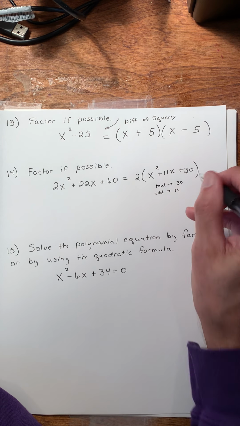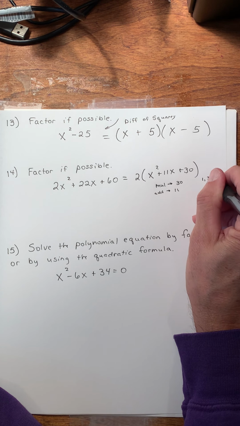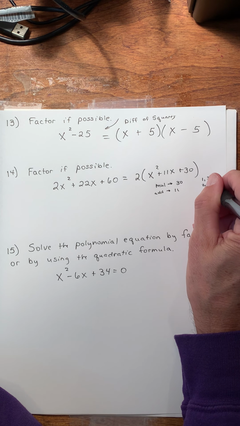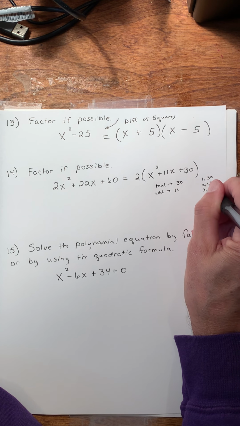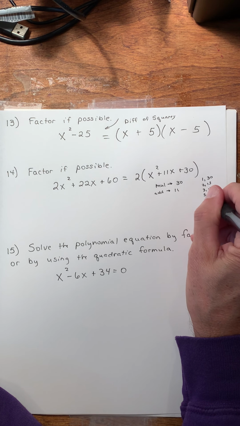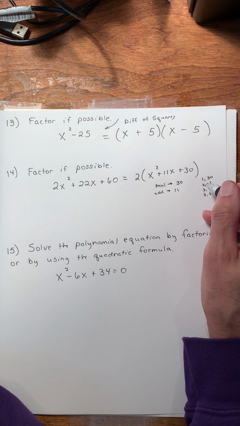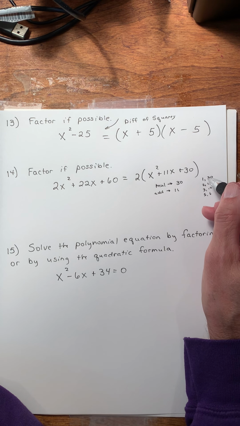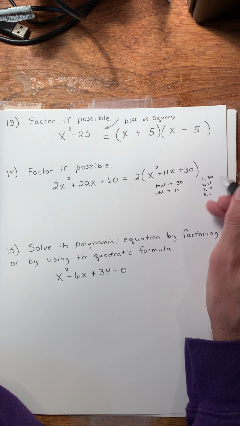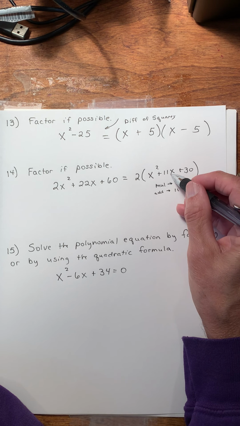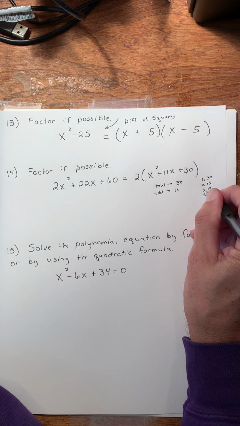Well, hopefully you don't have to think too hard. 1 and 30, 2 and 15, 3 and 10, 4, 5 and 6. That's about it, huh? And plus and minus those, you can have them both negative. That's all you can multiply to get 30. Which one adds to 11? Right there.